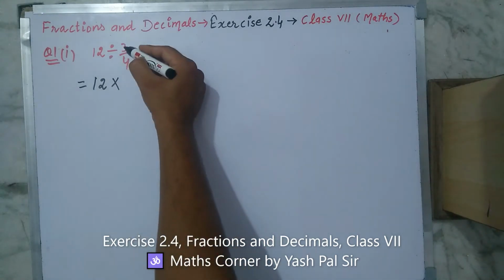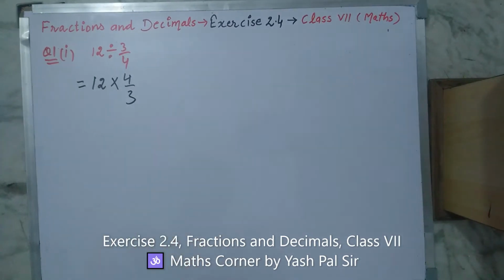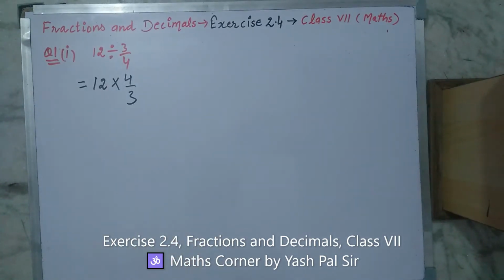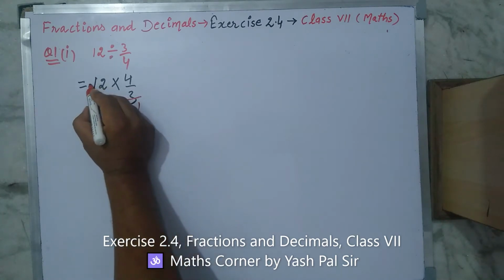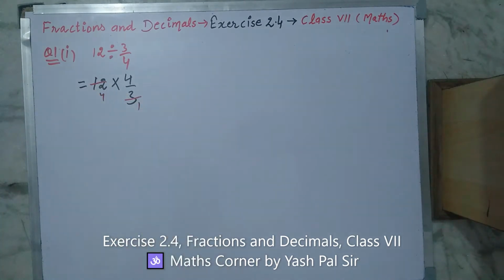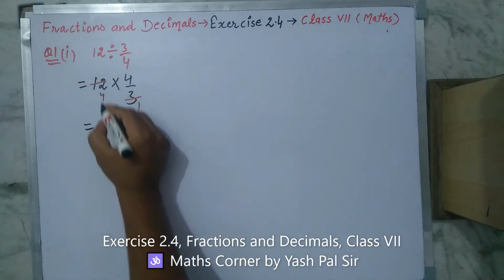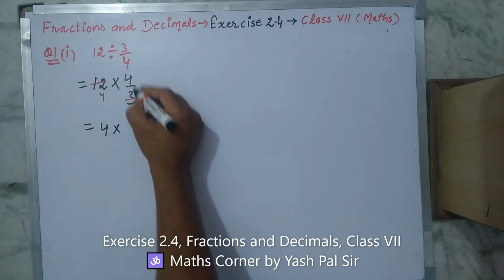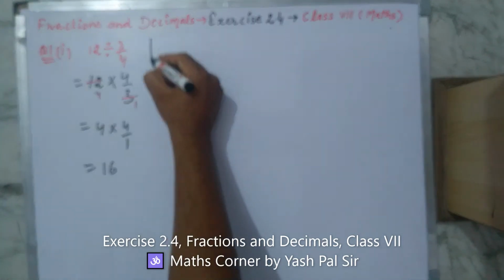Write the reciprocal of 3 upon 4, which is 4 upon 3. Now if we can cancel them, then cancel them. 3 ones are 3, 3 fours are 12. So again we write 4 into 4 upon 1. This means 4 into 4, 16 is the answer.